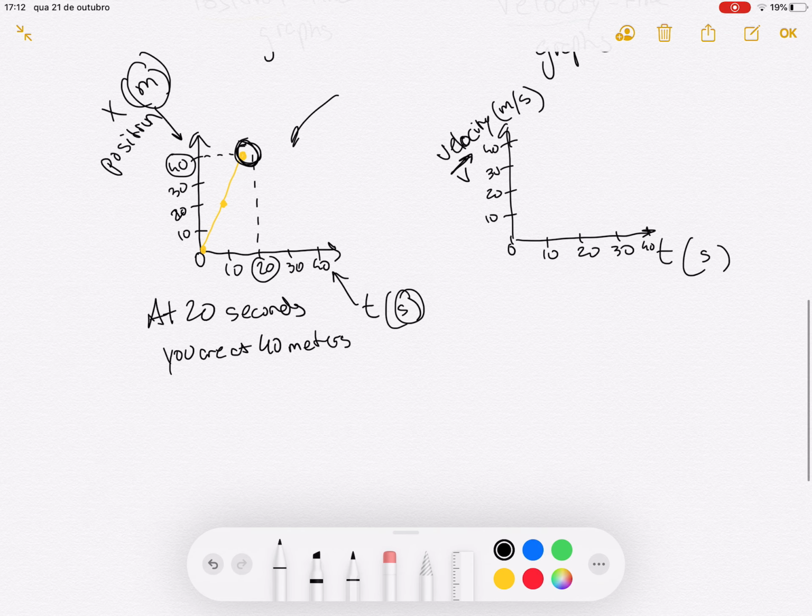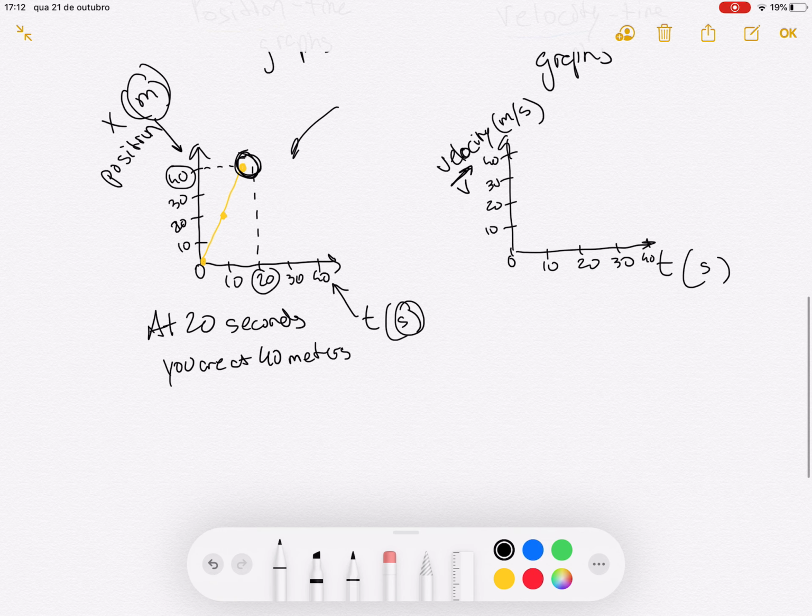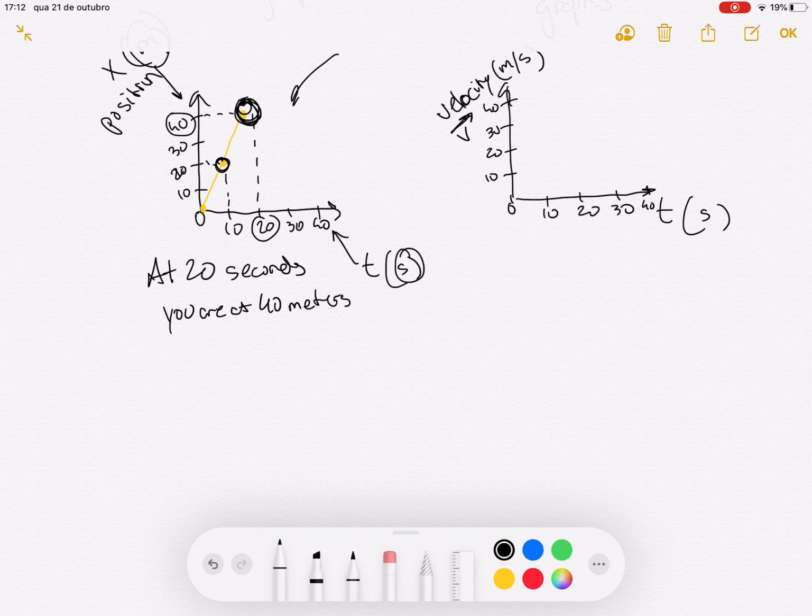One important thing to note about this position time graph is that we can find the speed of this object or person by looking at the slope. So let's look at this point over here and then this point over here. How do we find slope?